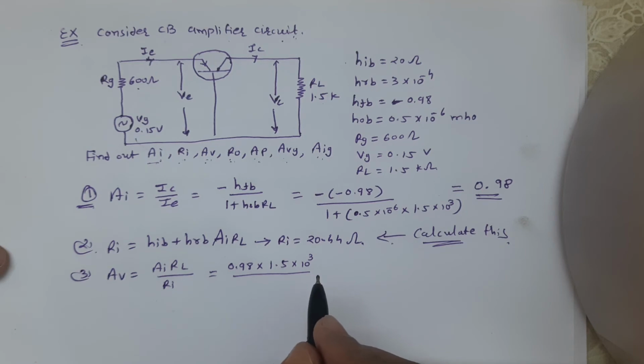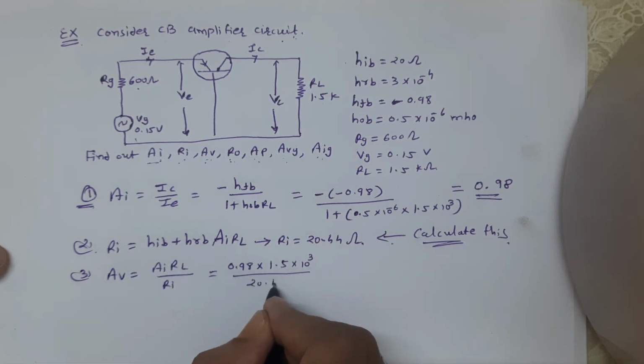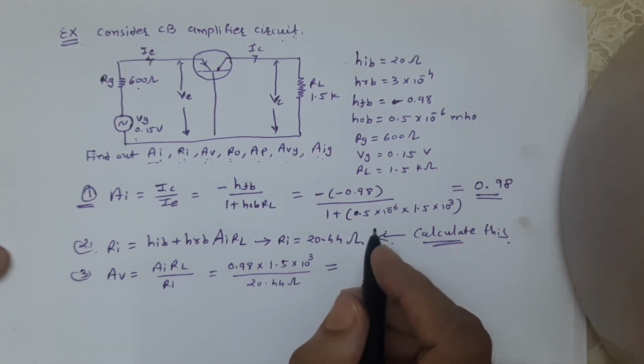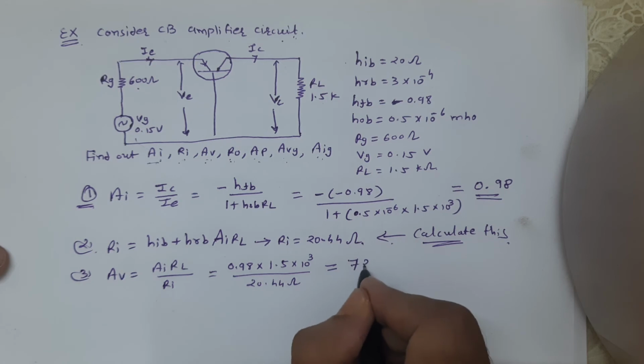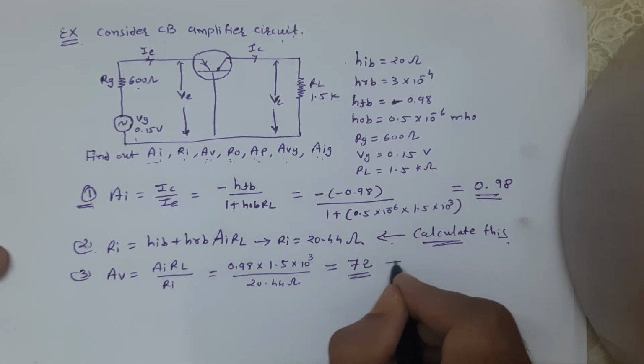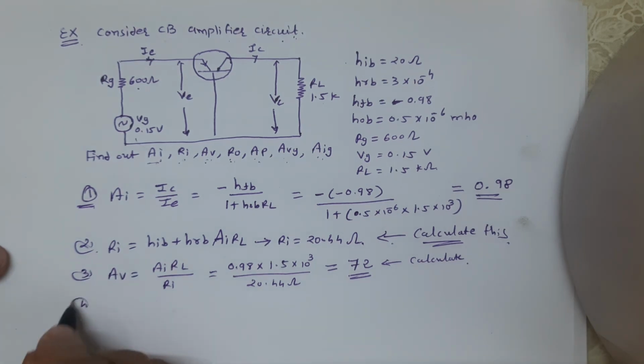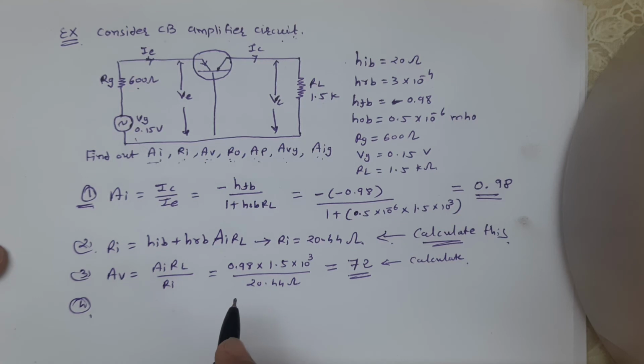You already found RI, 20.44 ohm. So your final value, voltage gain, is equal to 72. You calculate this. I am directly writing from the textbook. I have not calculated this.